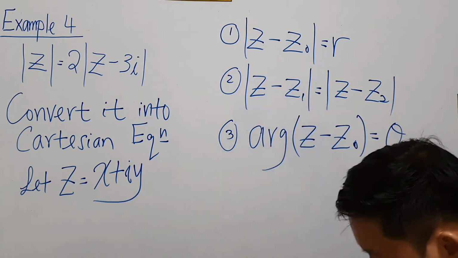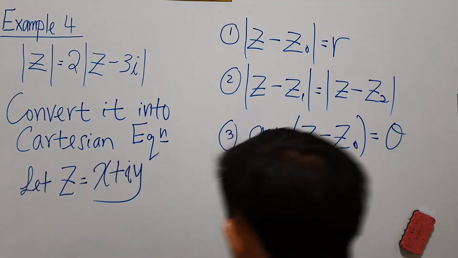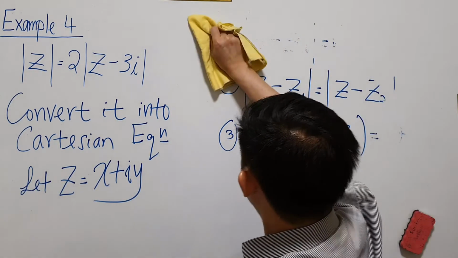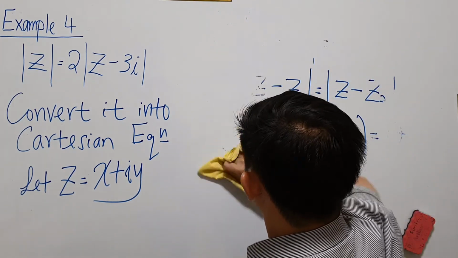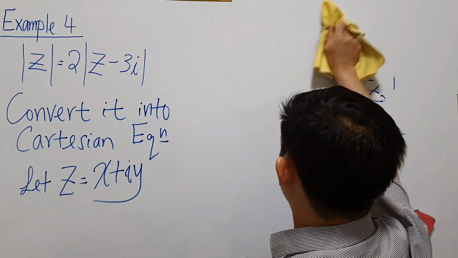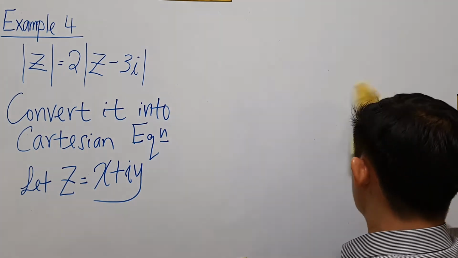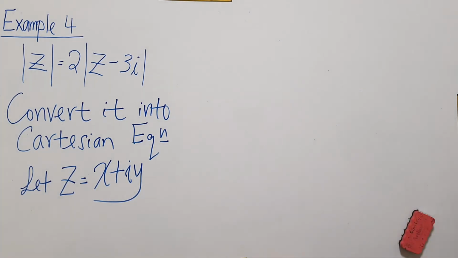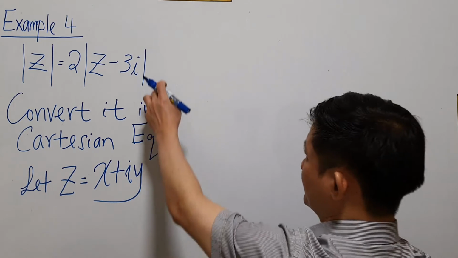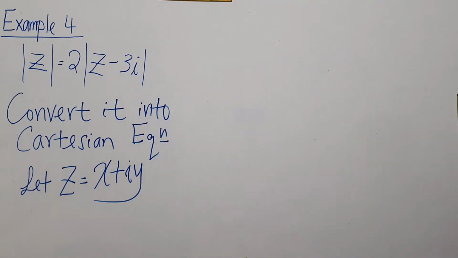By letting z be equal to x plus iy, we will learn how we can convert an equation that doesn't look like any of the standard types that you have seen, so that you can tell the shape of the locus. So in this case, I intend to convert this complex number equation into a Cartesian equation.